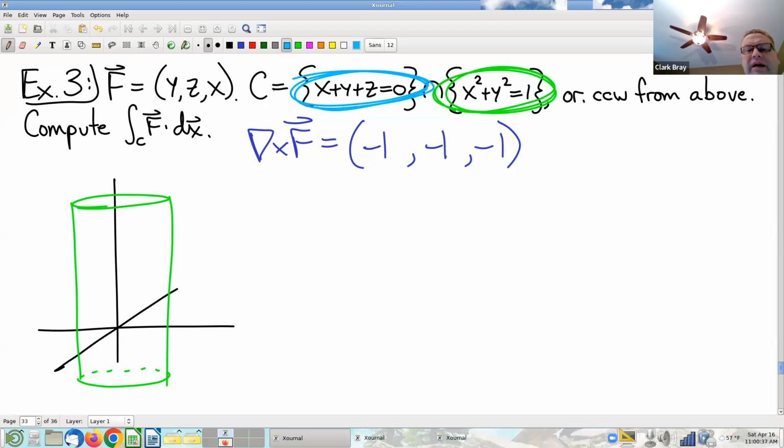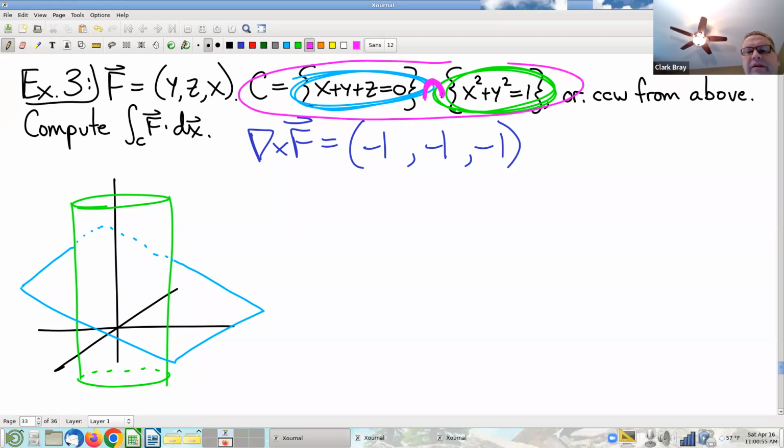This one's just a plane, and the plane kind of cuts through here somehow. Something like that. The intersection of these 2 things, my curve being that intersection, is going to be something kind of like that. There we go.